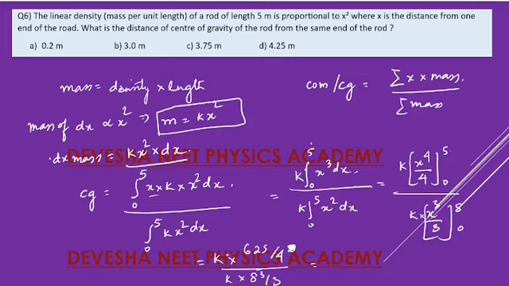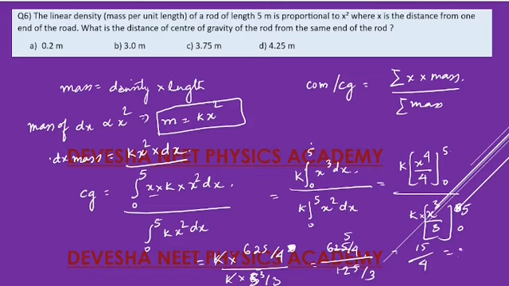I can cut the k's all over, so it becomes 625 by 4 divided by 125 by 3, which is equal to 15 by 4.